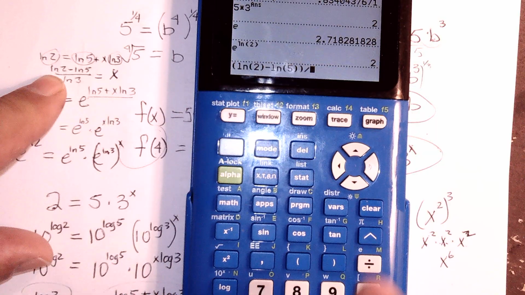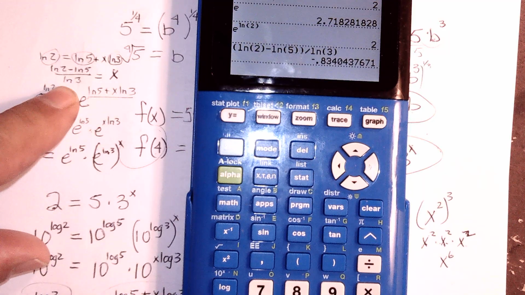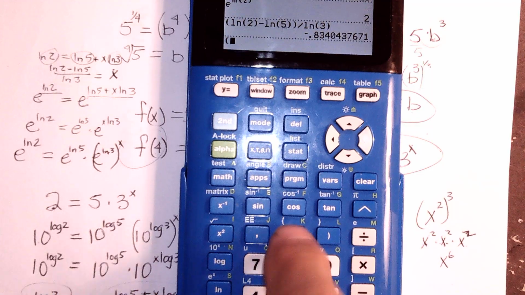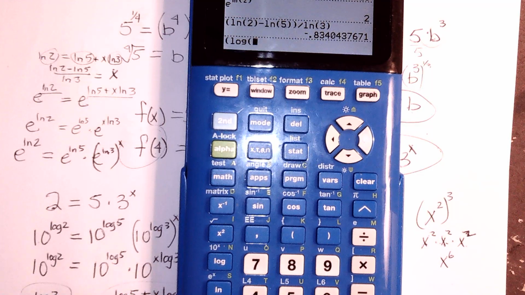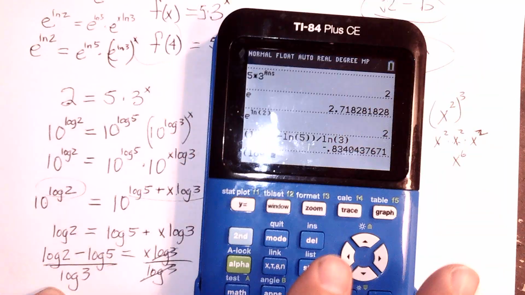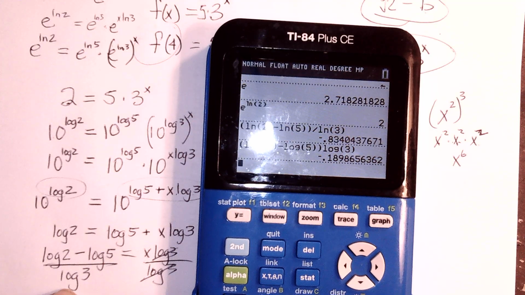All of that divided by ln 3 gives me the same answer as I had for log 2 going down here, log 2 minus log 5, that's the numerator, close it, divided by log 3, and I get the wrong answer because I didn't do divide in there.